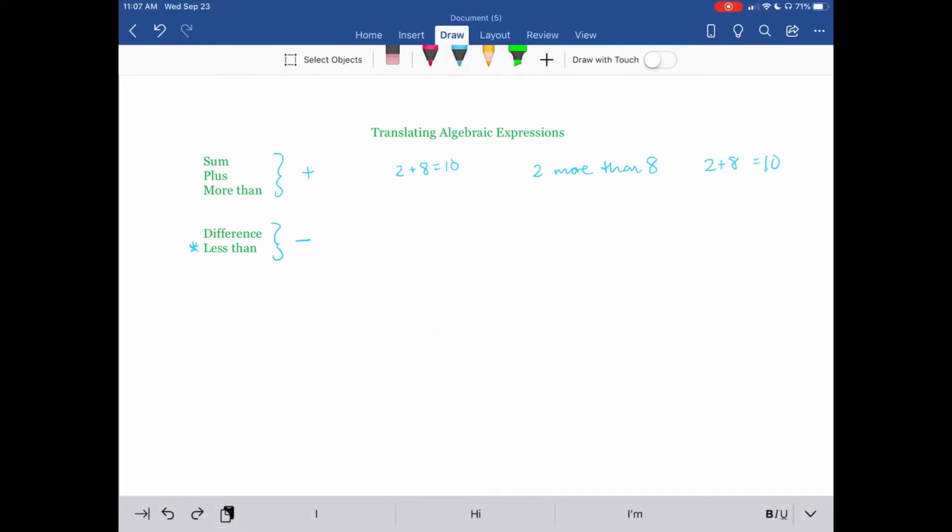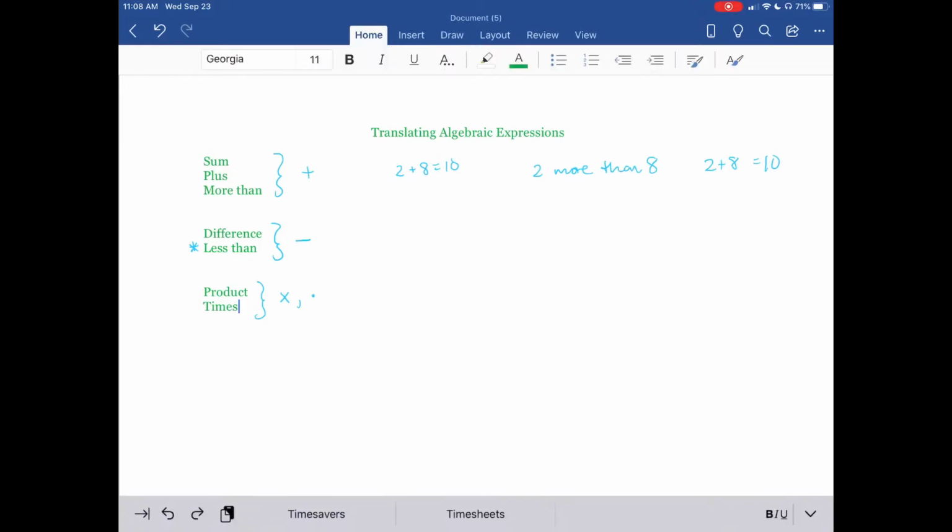Now the next operation that we will see is the product. And another word that is synonymous with that is times. And when we think about that notation, that symbol would be multiplication, or the little dot. And that means that we're going to take the product. So our example, the product of 6 and 2 is 12, which is the same as 6 times 2.